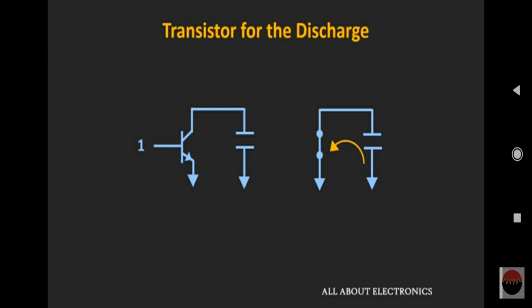The capacitor discharges through the transistor, that is, the capacitor is short circuited, connected to the ground. When the base voltage is negative, in such a condition the transistor acts as an open switch. In this case, the capacitor charges.